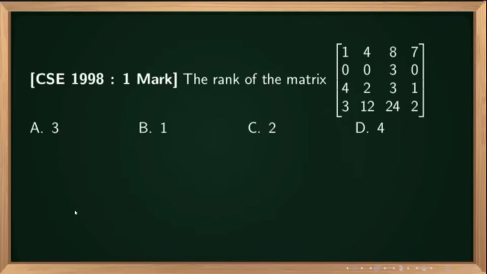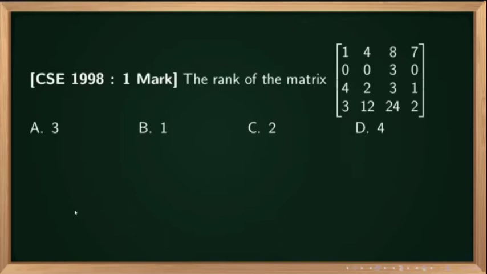Rank is 4. So you have converted it into echelon form and observe that all 4 rows are non-zero rows, correct? Others? Sujit got it correct.